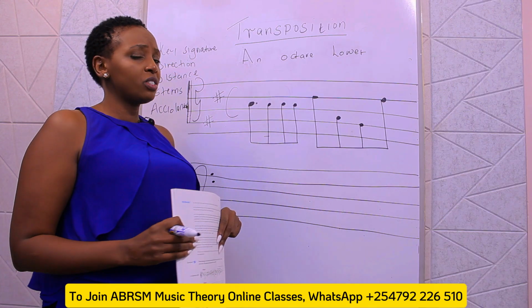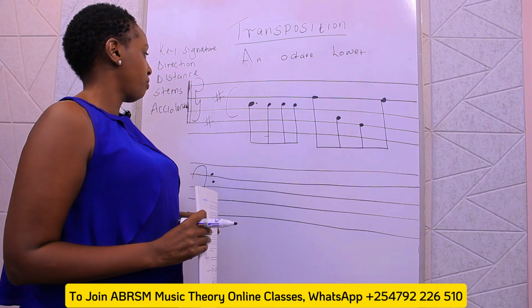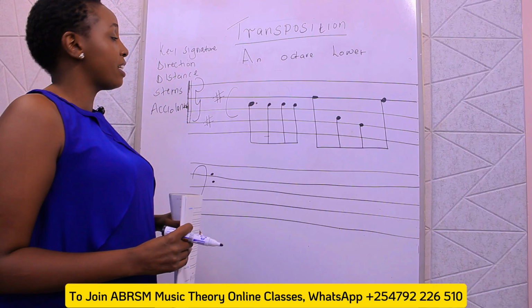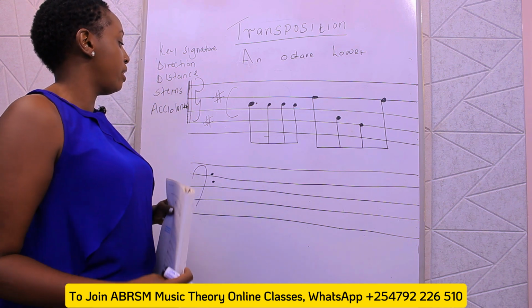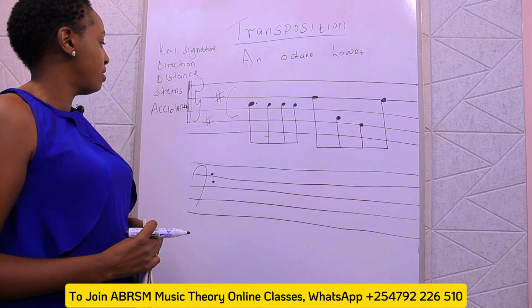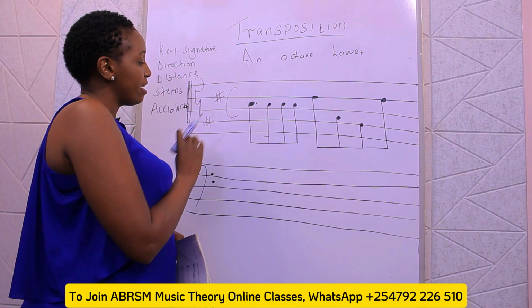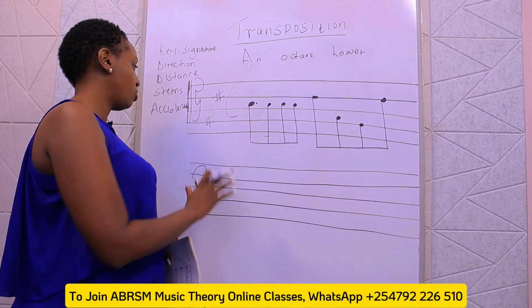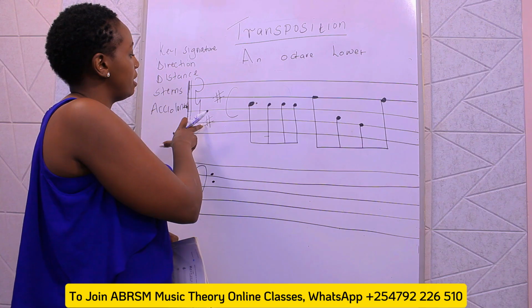So I am moving an octave lower from the clef of tenor. I have to really consider the clef that I am on as I move an octave lower. Now I am moving to F clef. The key signature does not change, but remember that the arrangement might actually change. This one, I am working with the F that is on the second line on the stave.